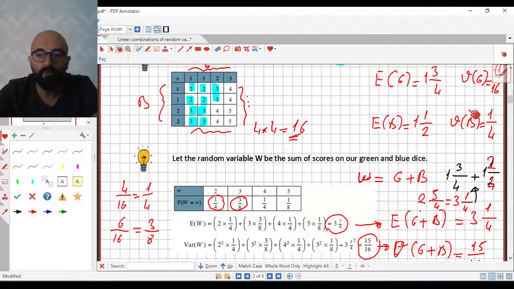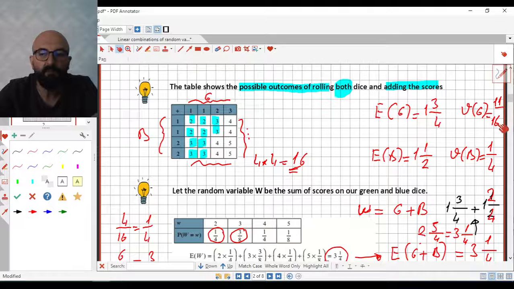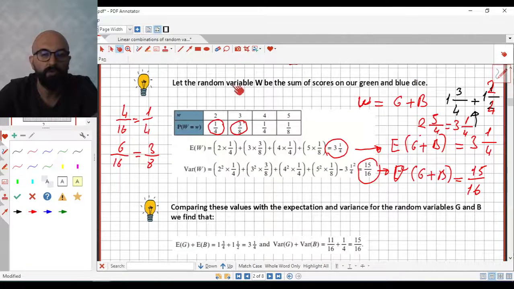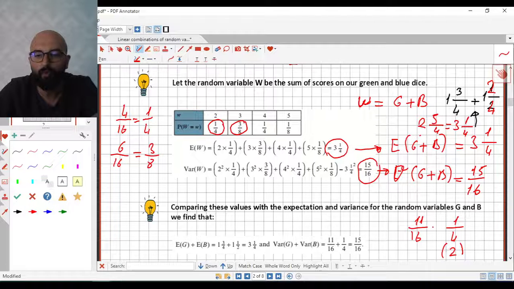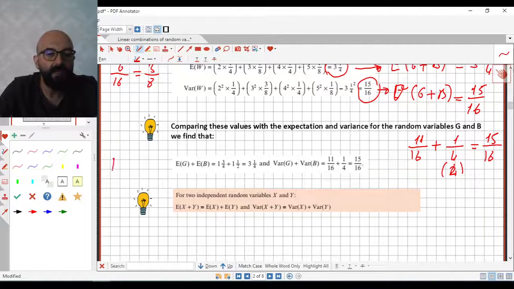And for the variance, 11/16 and 1/4, if we add both values, we have 15/16.